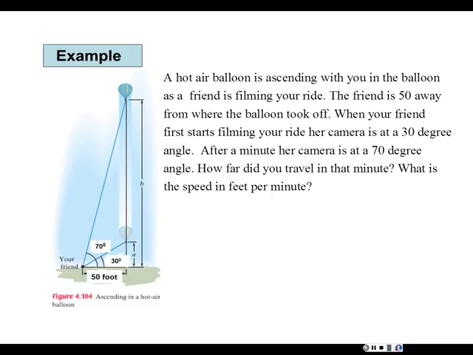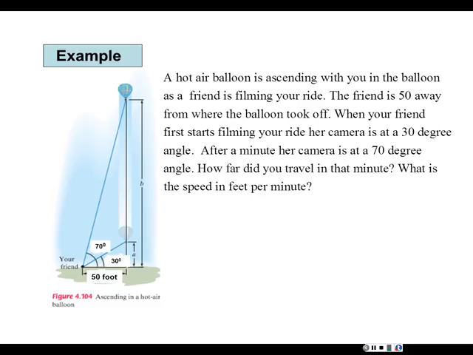Now, getting a is also simple. You have to consider two different right triangles here. In the first case, you will take the small right triangle, where the 30-degree angle is known, which is your theta. You will know the adjacent side, which is 50 feet, and you will be able to find small a, which is the opposite side.